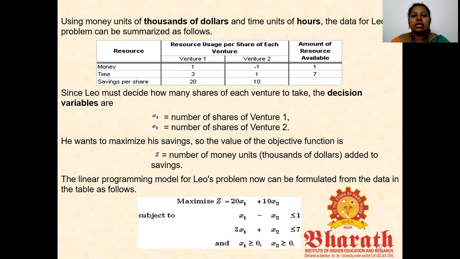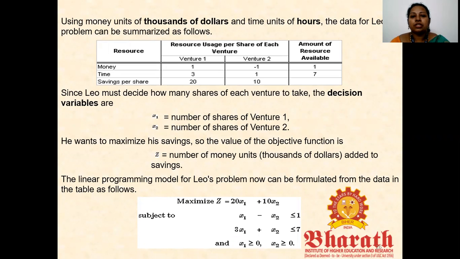Since Leo must decide how many shares of each venue to take, here we have to form the decision variables. Let x1 be the number of shares of venue 1 and x2 the number of shares of venue 2. He wants to maximize the savings.